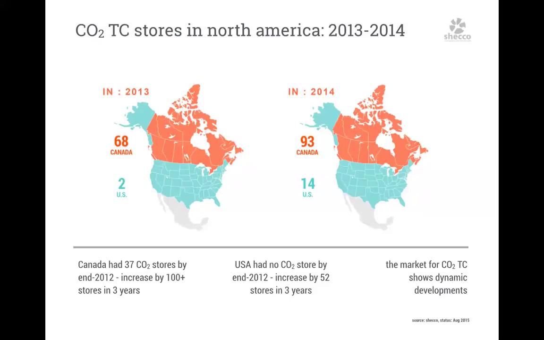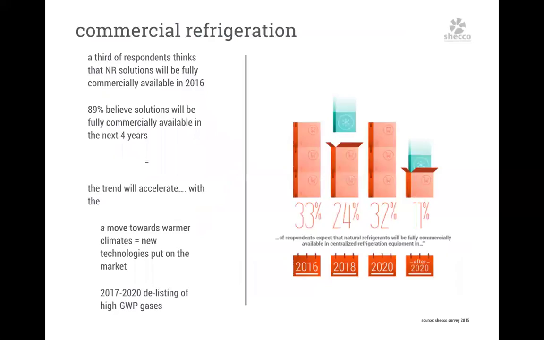And it's a little bit more dynamic developments we can see here in the transcritical market, especially as more and more suppliers are working on providing solutions for warmer climates or higher ambient temperatures. A third of respondents think that natural refrigerant solutions will be fully commercially available as of next year, and close to 90% think that they will be fully commercially available in the next 4 years.